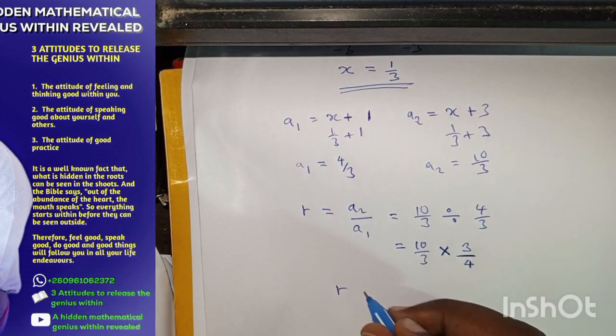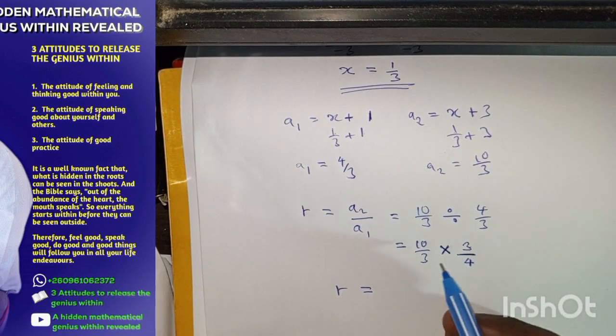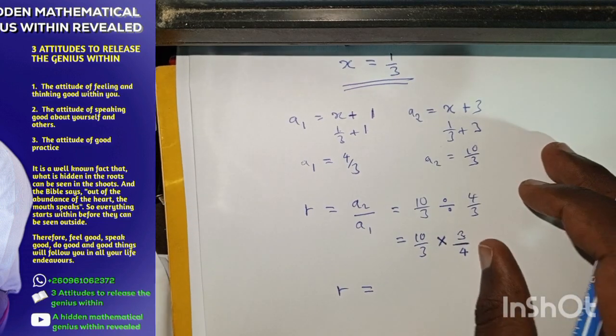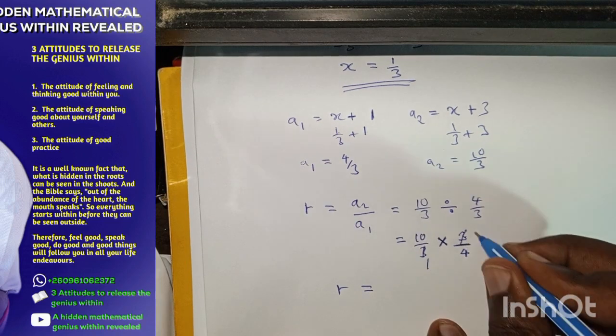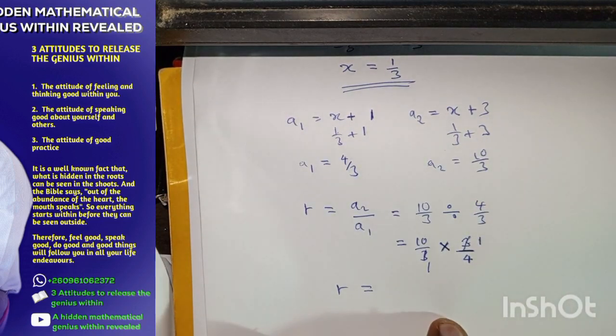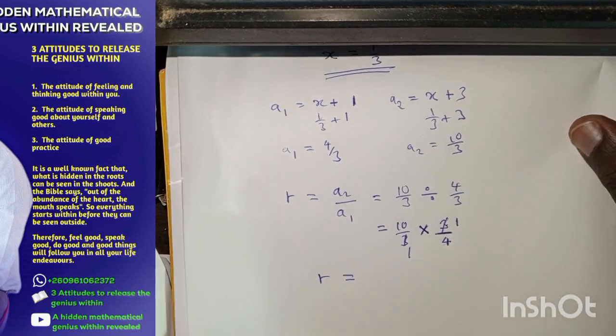Okay, so common ratio is equal to, we can see that we have 3 here and 3 here. So the 3's will cancel out. 3 in 3 is 1, and 3 in 3 is 1. Then here we have 10 and 4. What is the highest common factor of 10 and 4?